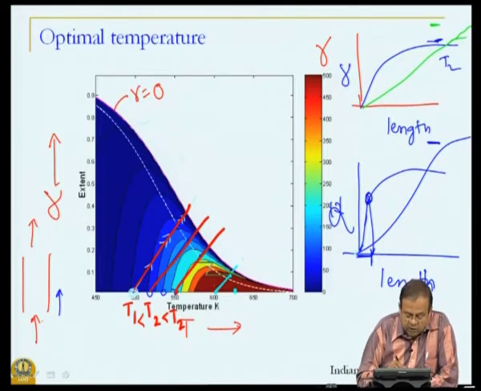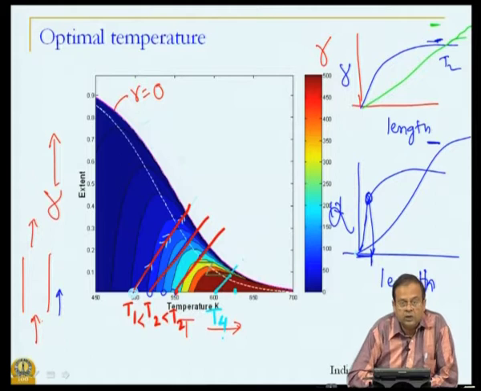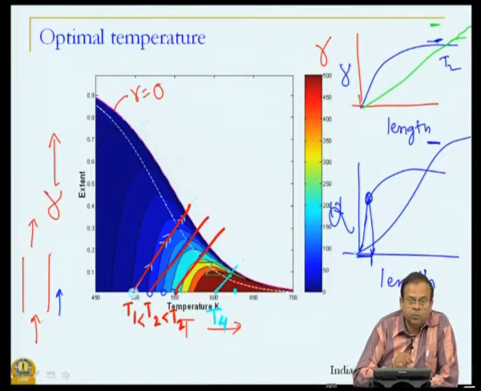Let us say I start with temperature T4, run it for some time and then stop it, and do what? I reduce the temperature.